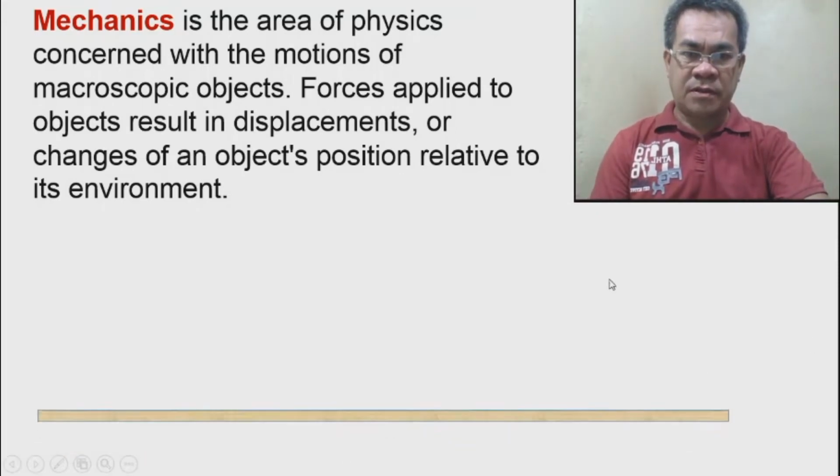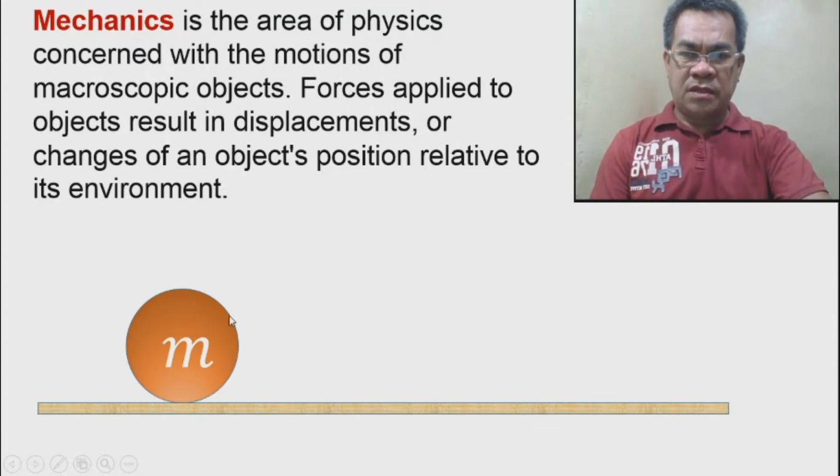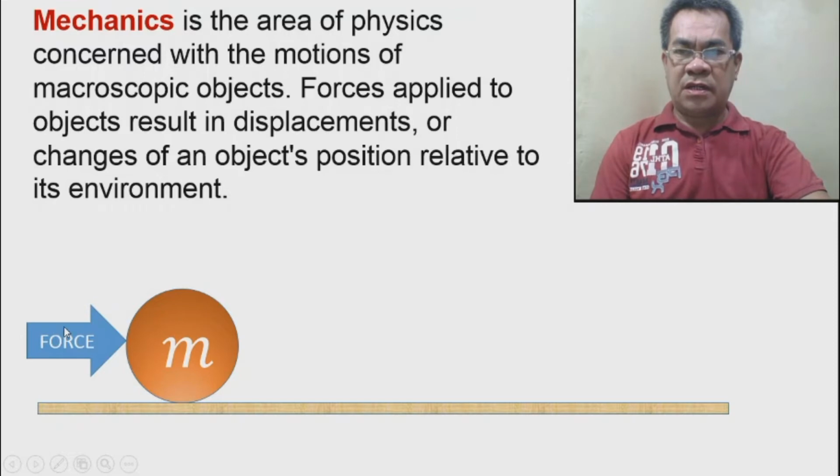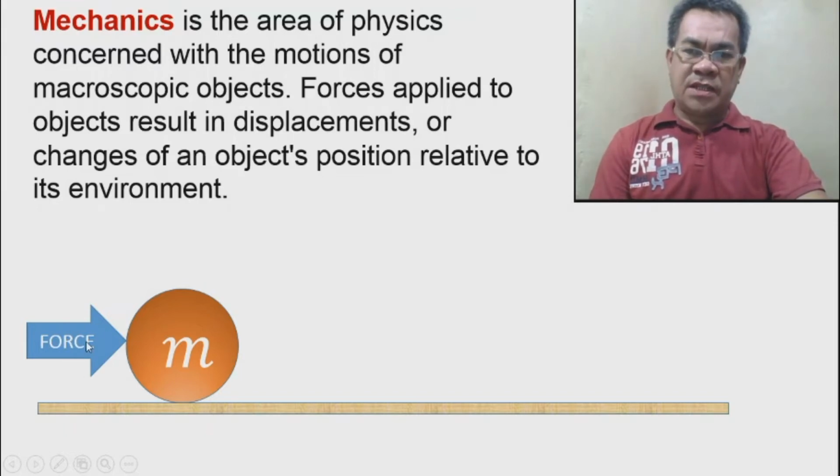So, for example, suppose we have an object whose mass is m, and it is interacted with by a force. So the two particles interact: the applied force from the other particle, and this object whose mass is equal to m.